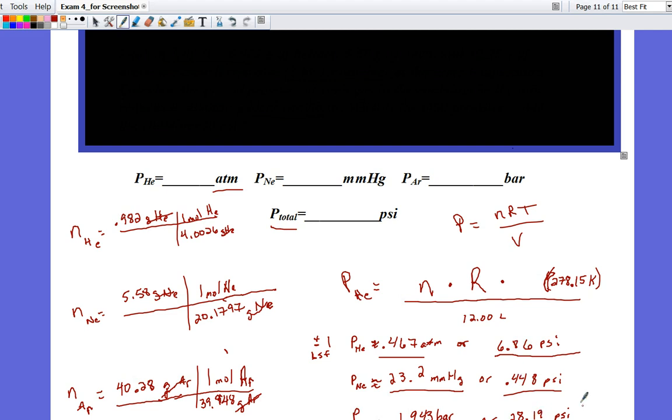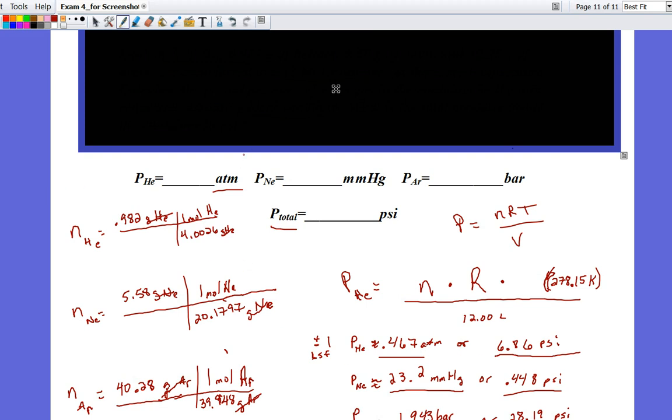So my final answer had to be changed to reflect that, only 2 decimal places. So my total pressure was 35.50 psi, and these are my individual partial pressures in the units that were requested.